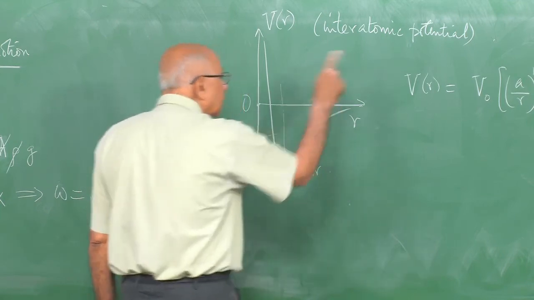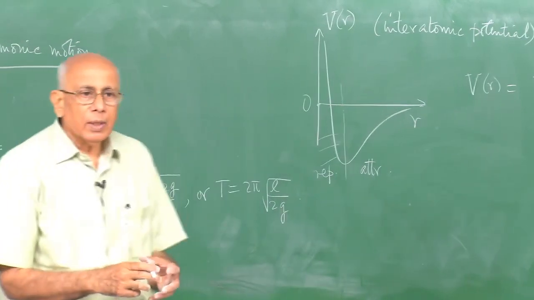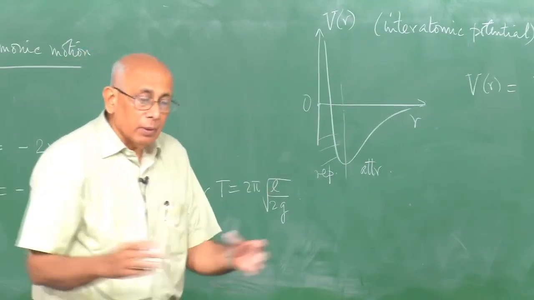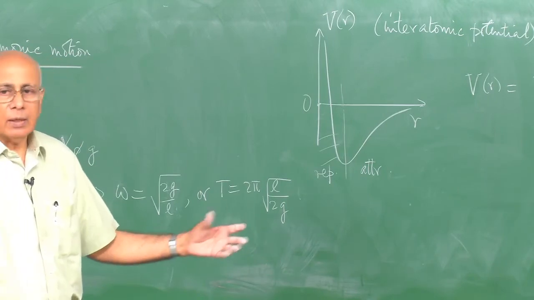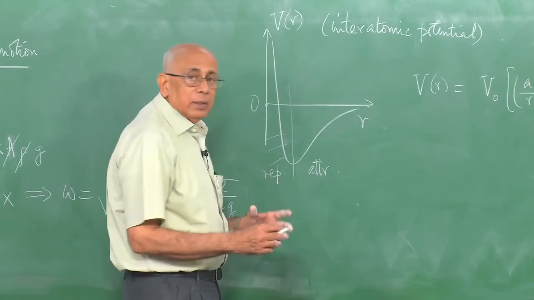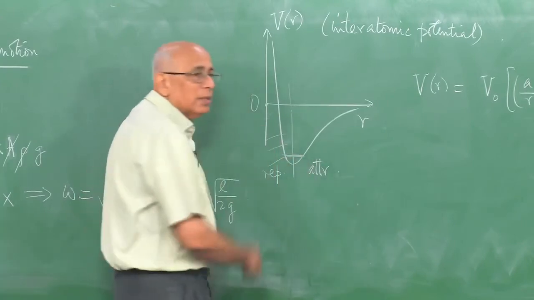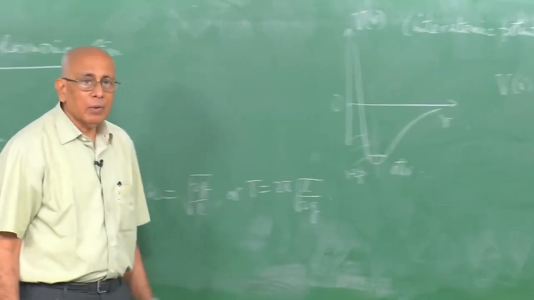This potential models the fact that when you bring two electrically neutral atoms very close to each other, there is a repulsive force, but when they are sufficiently far apart, there is a weak attractive force. Now if you put the second atom in this potential well, it will undergo oscillations about that point.